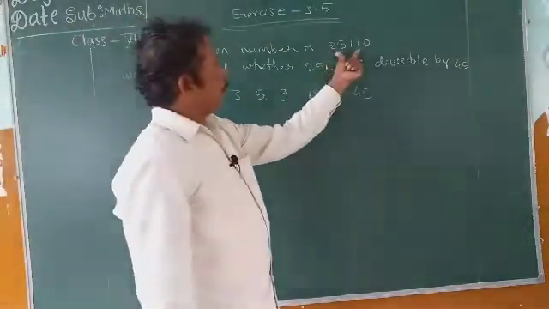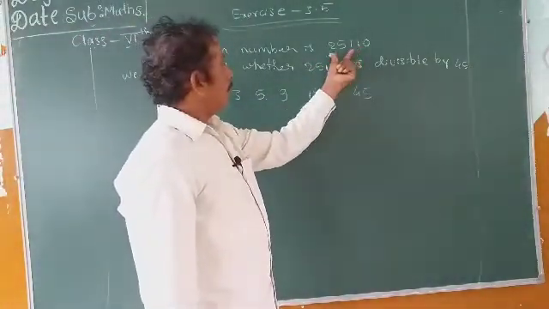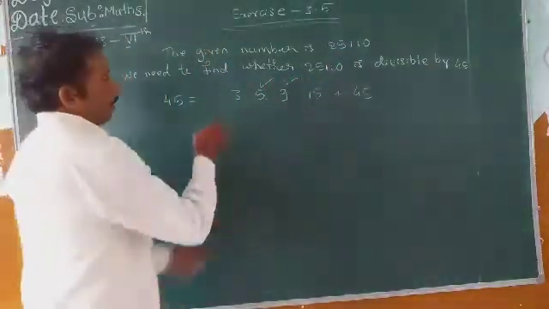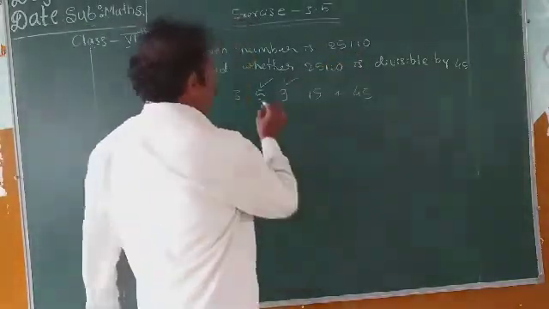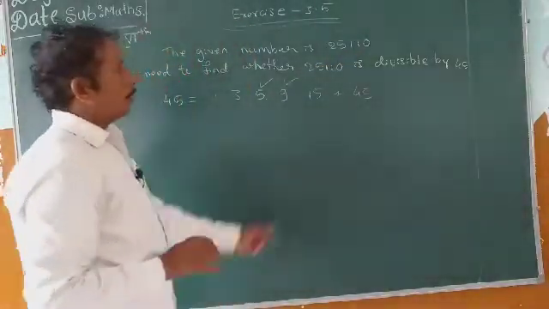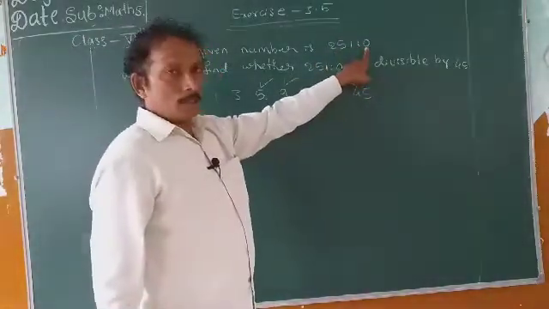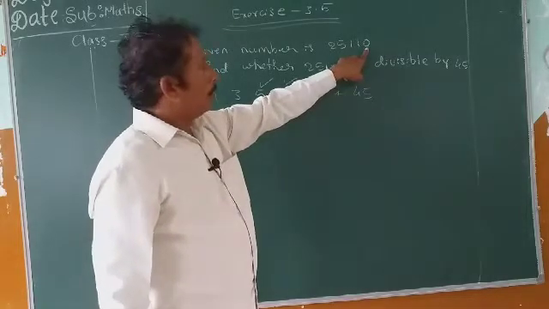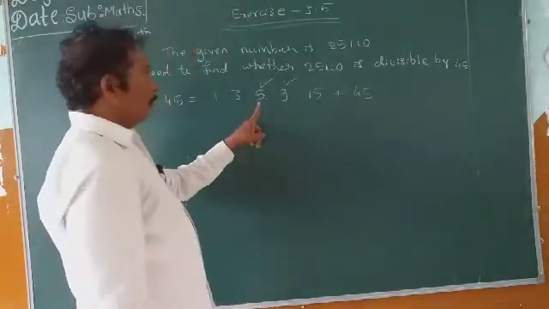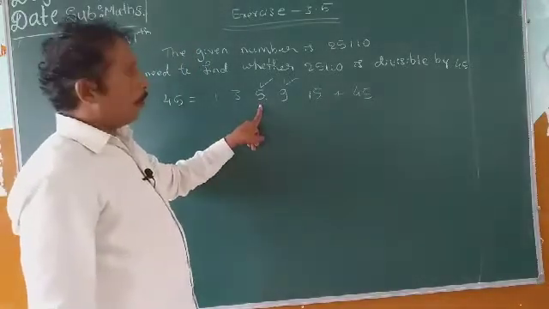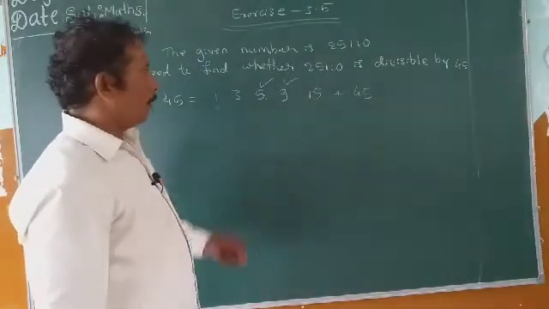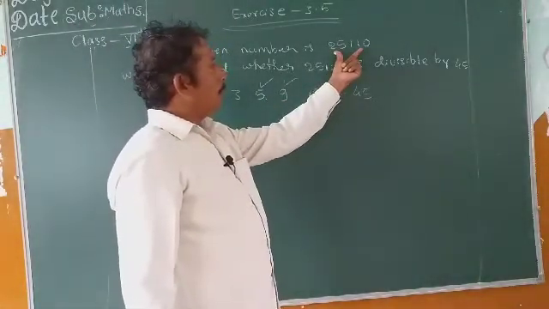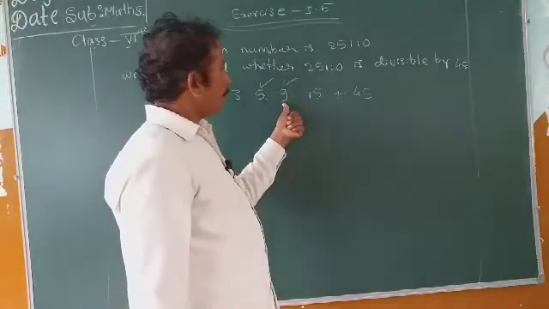Check whether the given number 25,110 is divisible by 5 and 9. 25,110 is divisible by 5 completely because the given number is ending with 0. Any number which is ending with 0 is completely divisible by 5, because it is the rule of the divisibility test by 5.